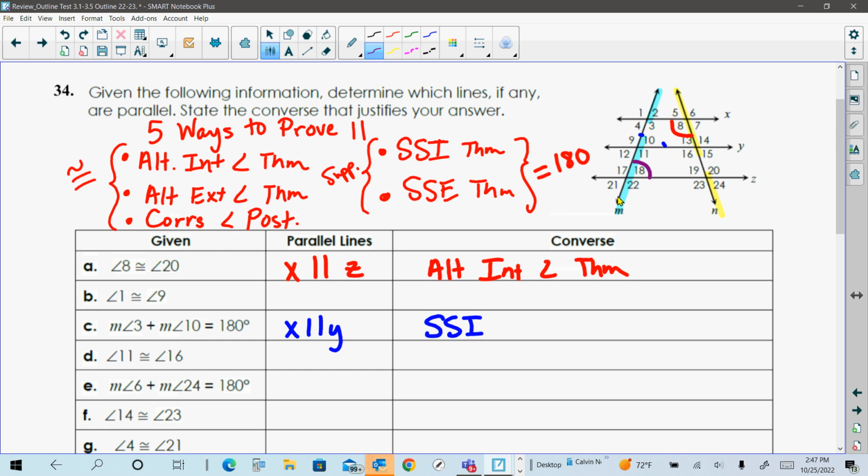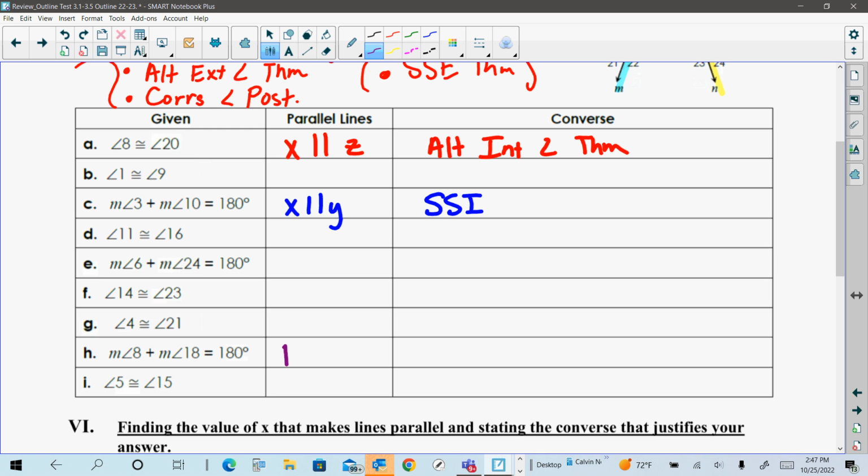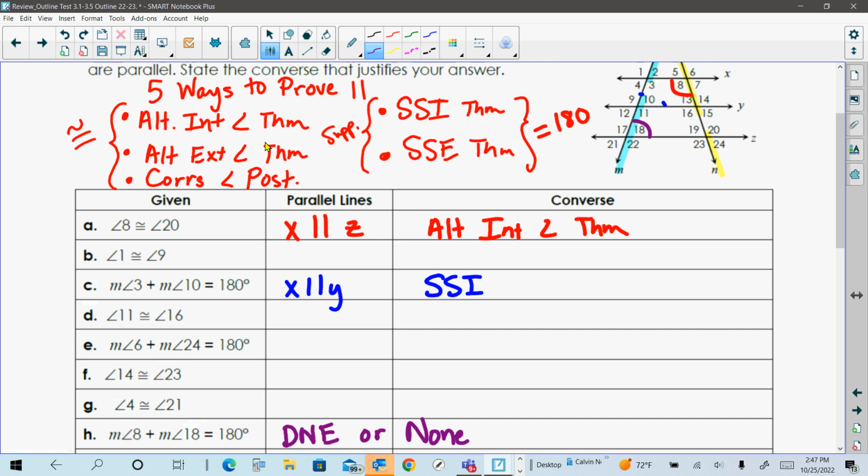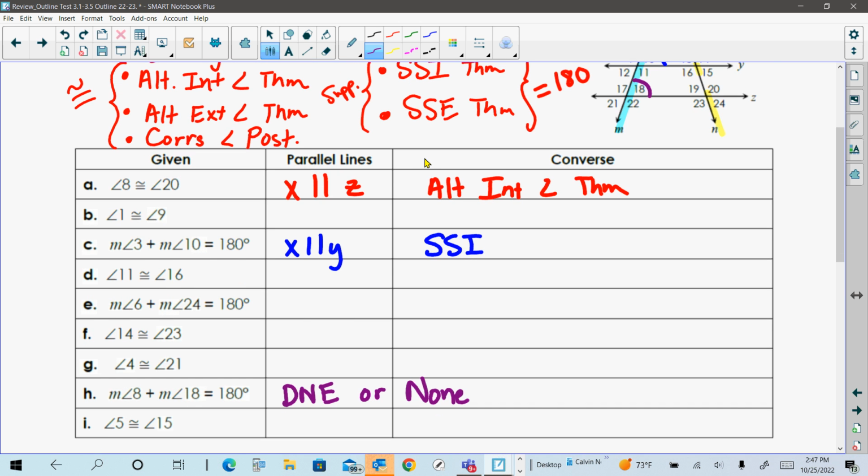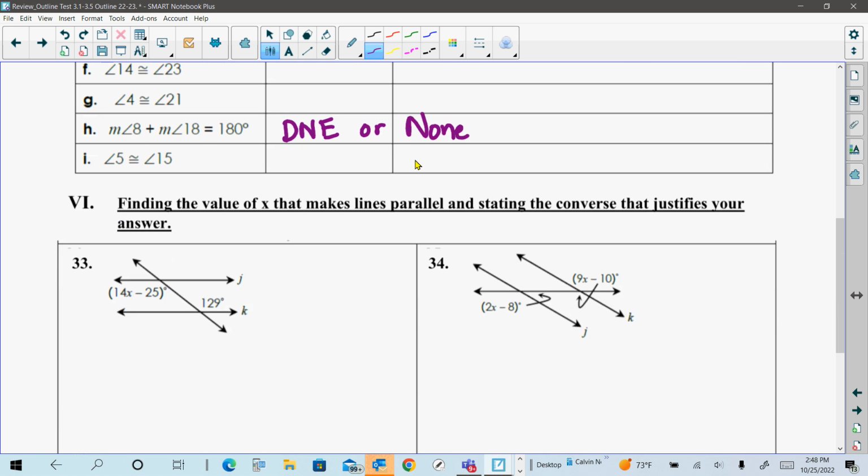So if they do not even have a transversal, the answer is does not exist, or you can say none, because there's no transversal. So either it's showing a true relationship, the ones that are congruent, one of these 3, or the ones that are supplementary equal to 180, has to be either these two types, or it does not exist. It's none.